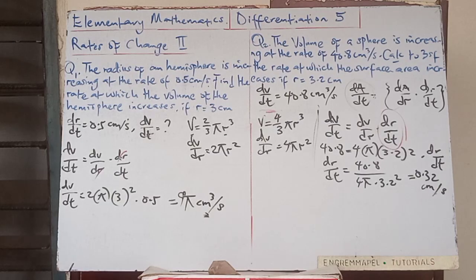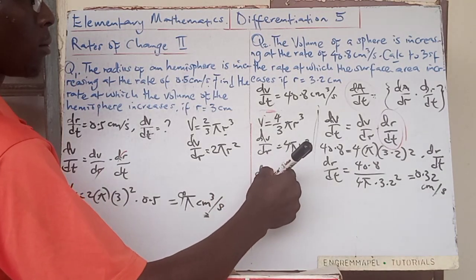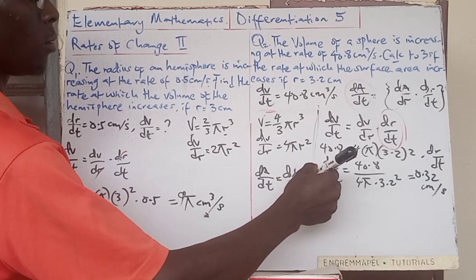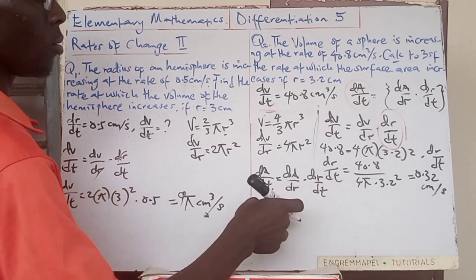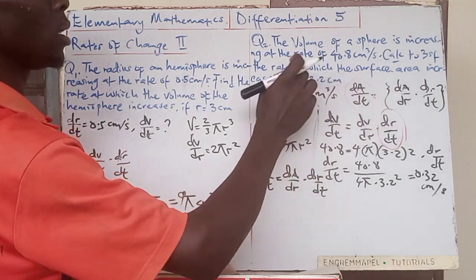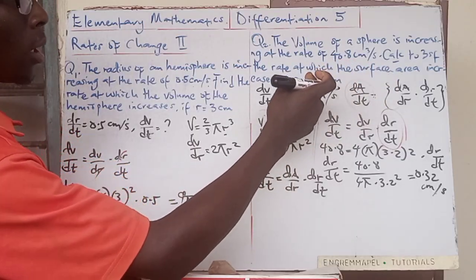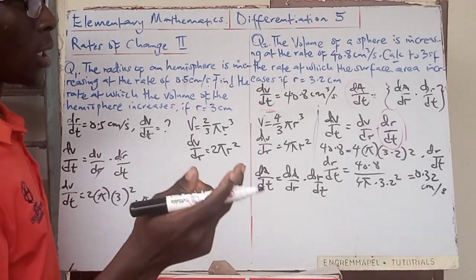So now we can start using the formula dA/dt equals dA/dr multiplied by dr/dt. How do we get our dA/dr? Since we are asked for the rate at which the surface area of the sphere is increasing, we need to know the area of the sphere. And what's the area of the sphere?